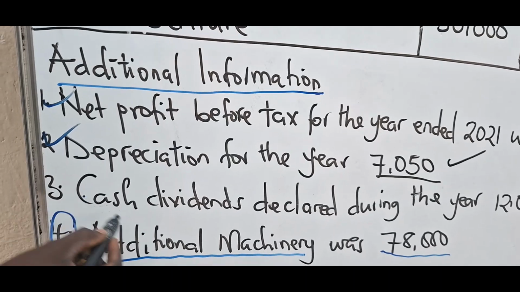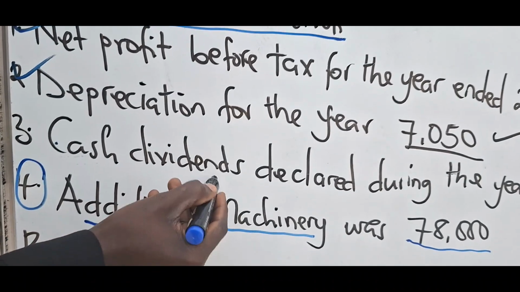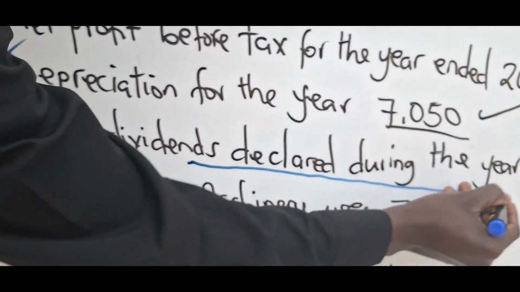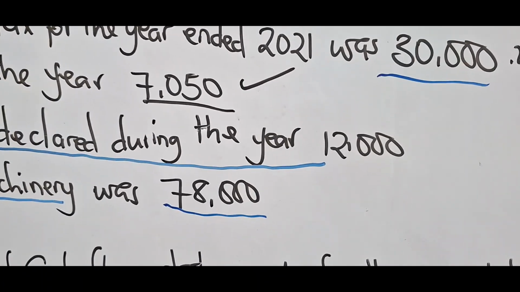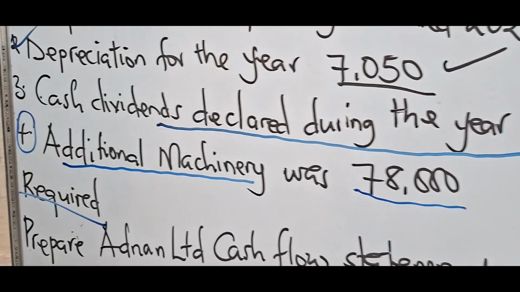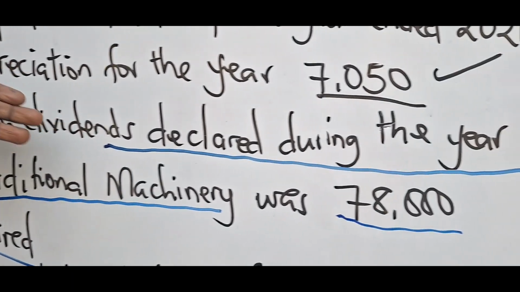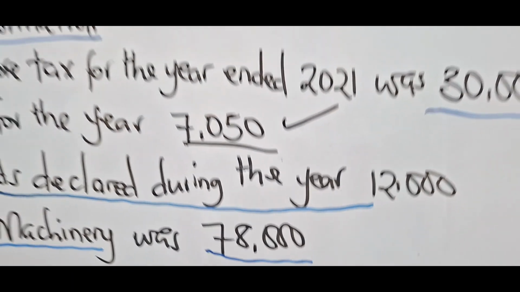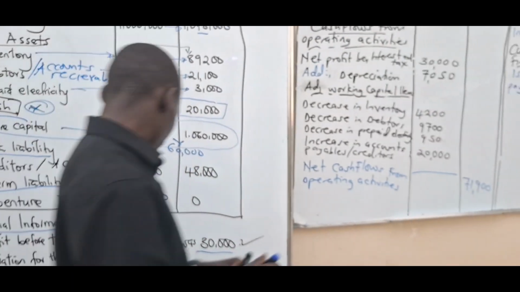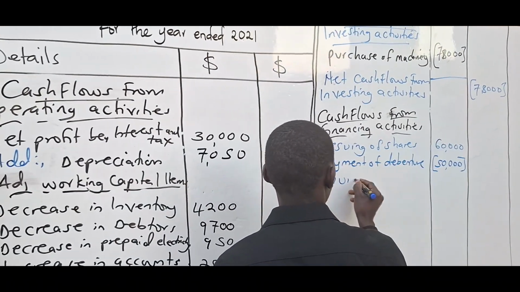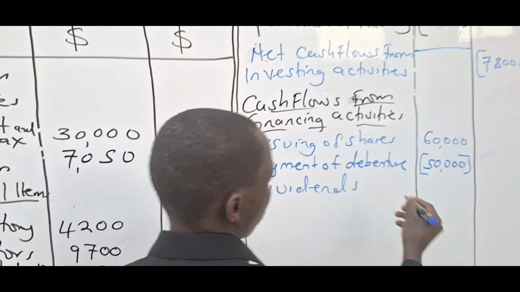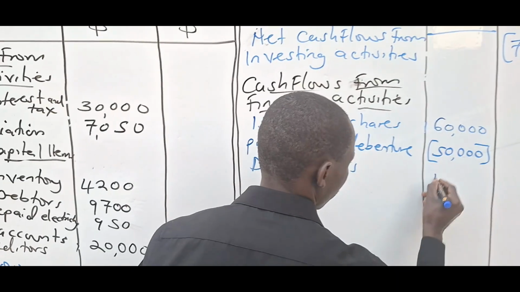Then there is this one, cash dividend declared for the year, 12,000. That is also under financing activities. You record that you declared 12,000 dividends, which are to be paid to shareholders. So you bring here dividends, 12,000.